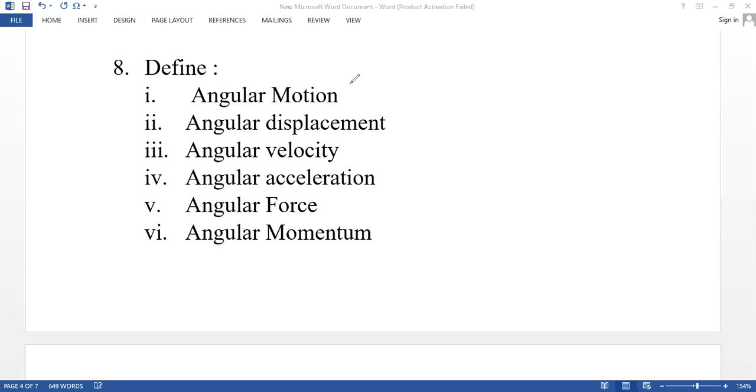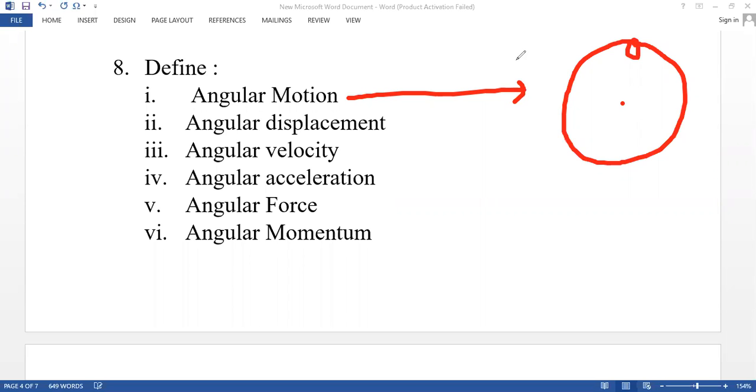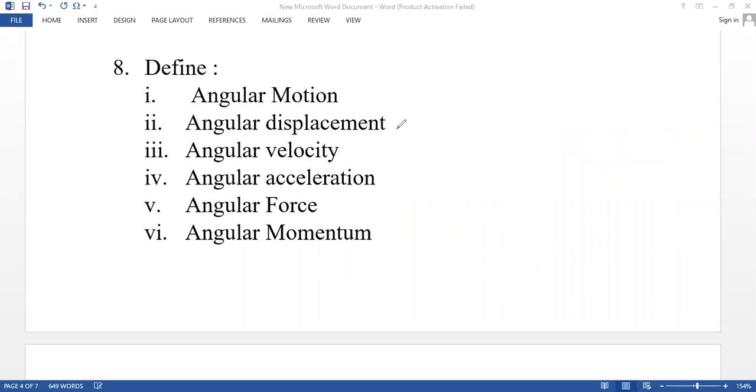Angular motion is nothing but this: if a body rotates in a circular way, always maintaining the same distance from the center O, that is called angular motion. And angular displacement is indicated by theta.